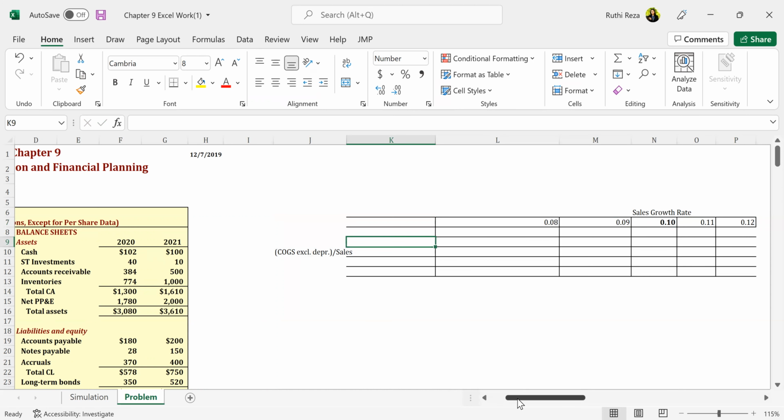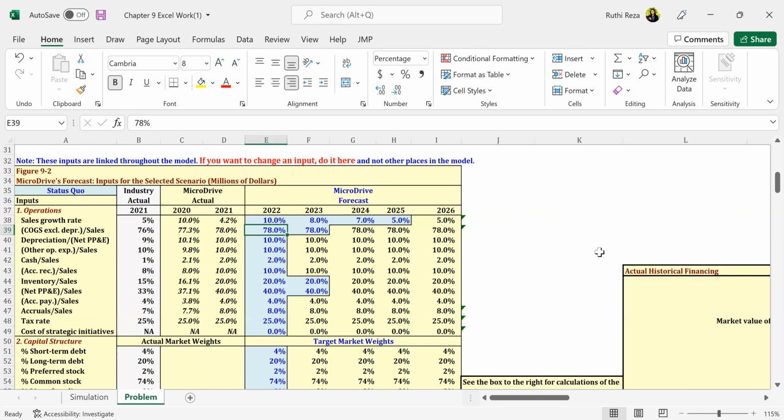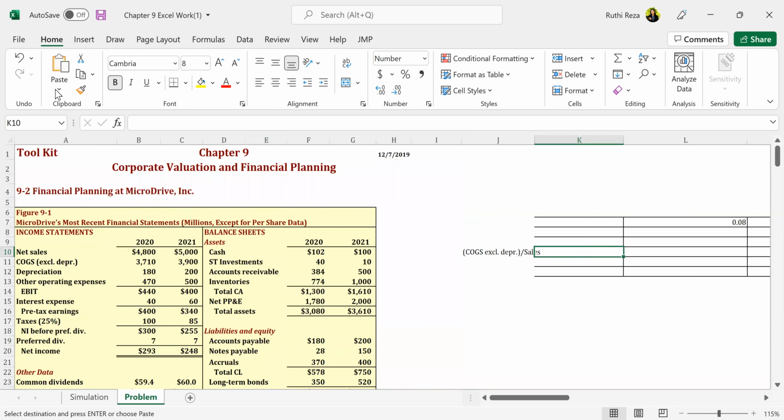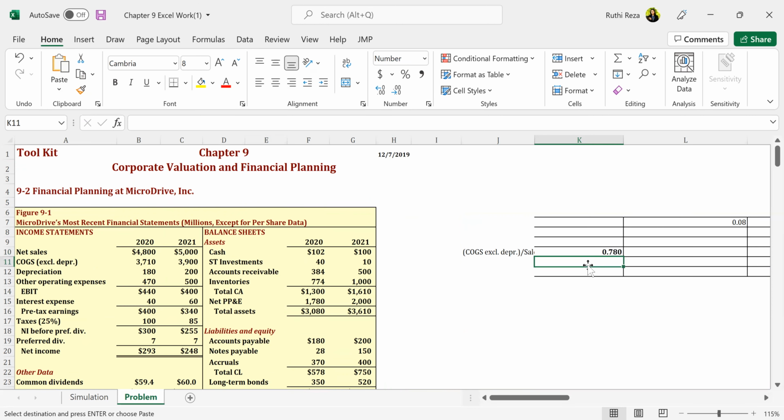The same way, copy your cost of goods sold as percentage of sales you expect to happen in the year 2022, and then just put the range as you want.